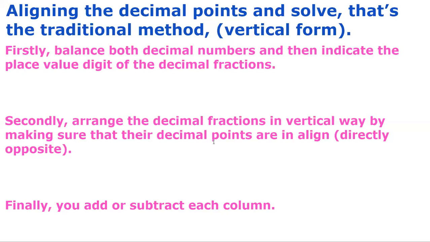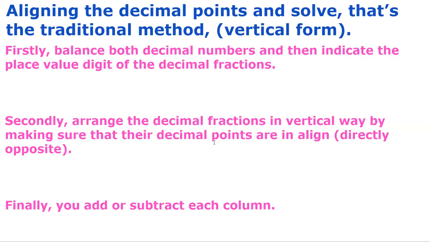Tens, then hundreds, and then thousands. The place value for whole numbers starts with the ones, from the right side of the whole numbers, but in the decimal numbers it starts from the left side of the decimal point, and therefore you start indicating that.